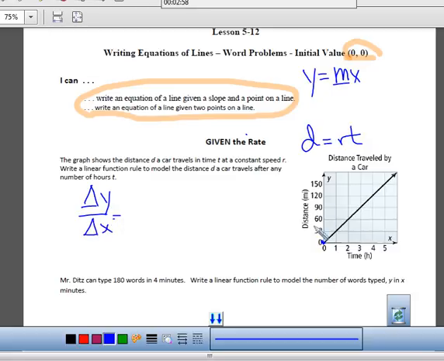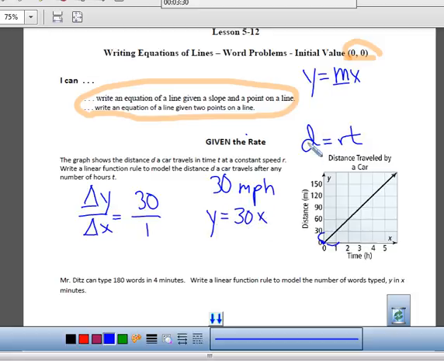So, y is going up by 30 each time, so plus 30. x is going up by 1 each time, so 30 over 1. So the rate, or the speed, is 30 miles per hour.